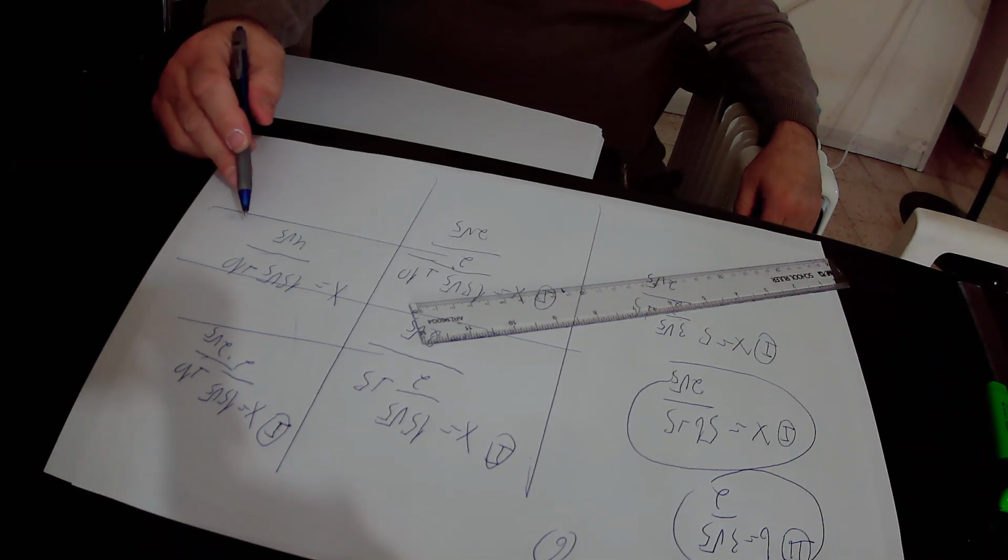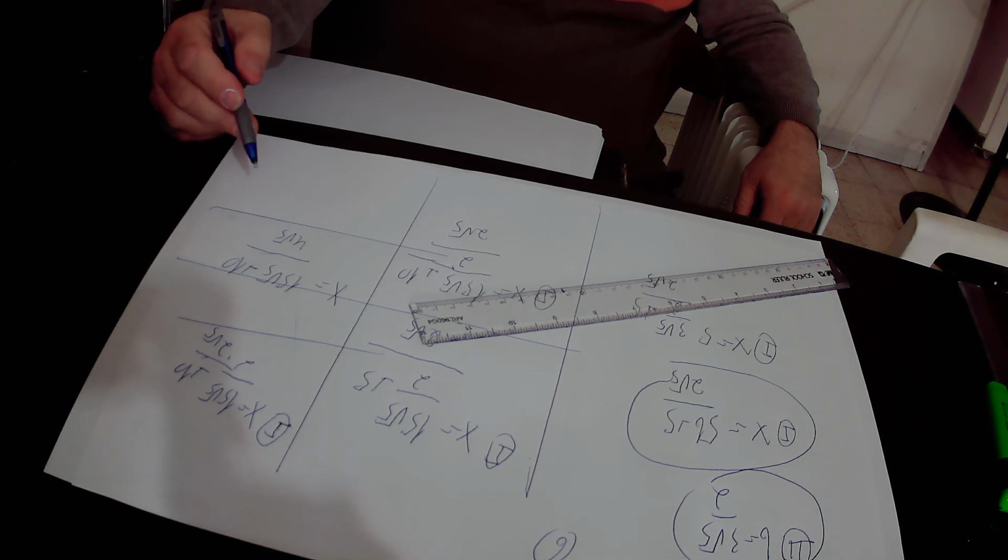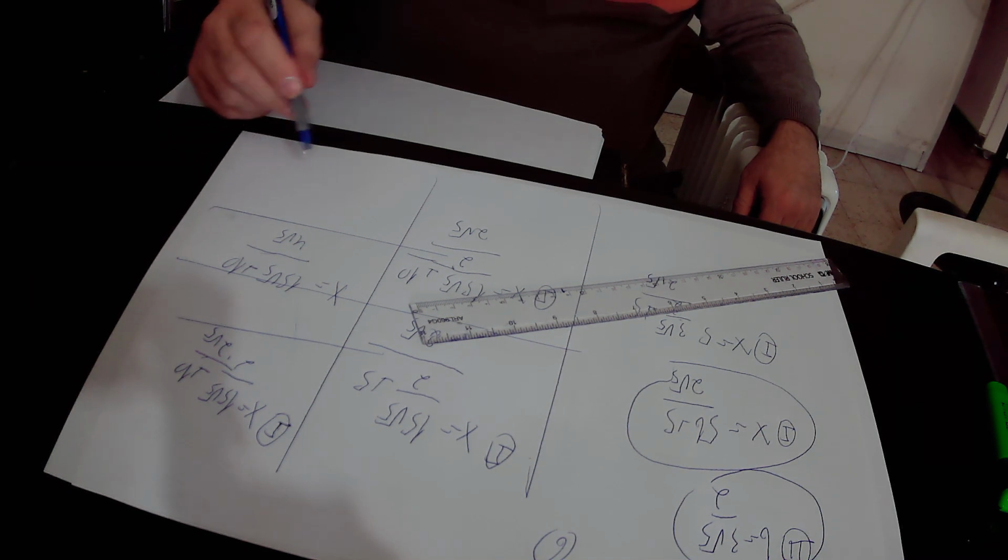Here we substitute 10 by square root of 5 times root of 5 times 2. Okay?